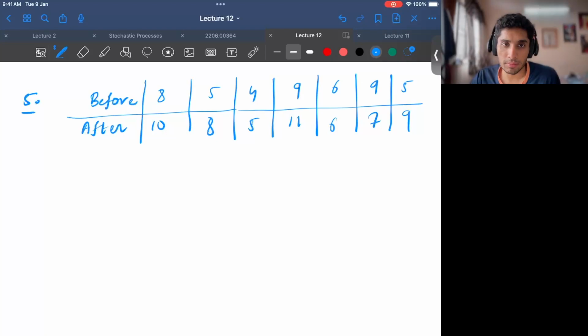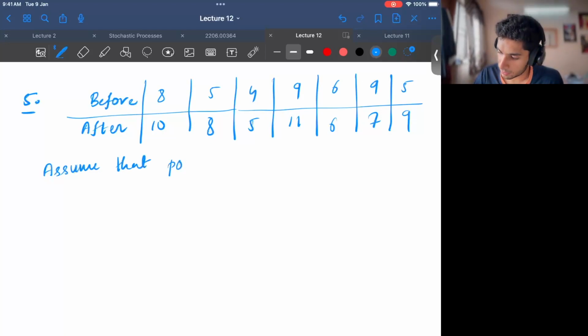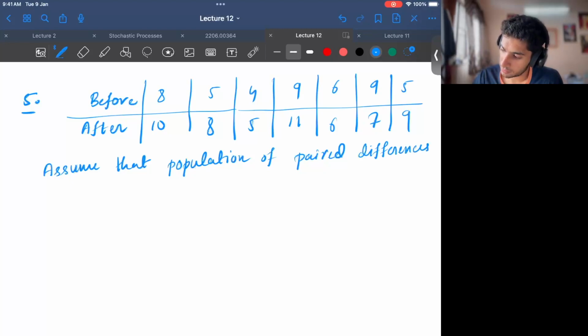So you want to basically see if this course has helped the employees or not. It is given to you that we can assume that the population of paired differences has a normal distribution, right?